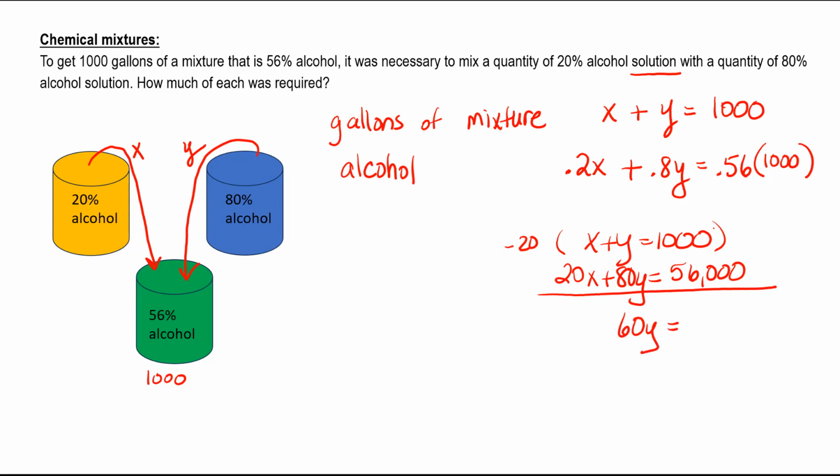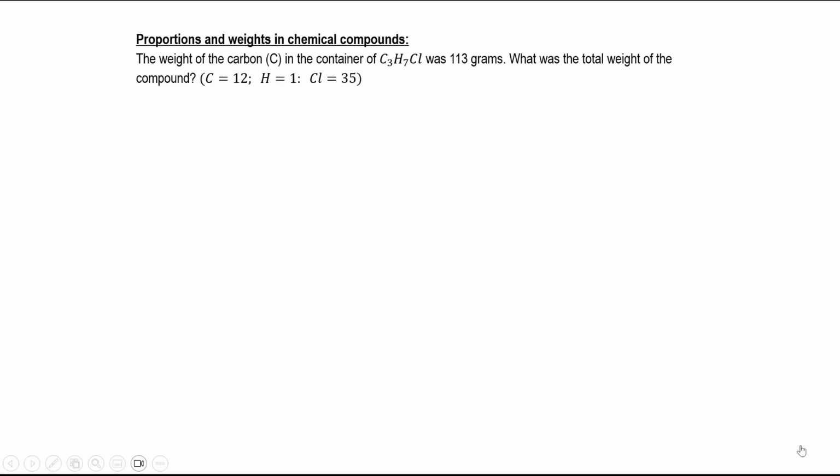And then we'll have negative 20,000 plus 56,000 is 36,000. So y is going to be 600 gallons. So 600 gallons of the 80% solution, and then x is going to be the rest, which is 1,000 minus 600, which is 400 gallons of the 20% solution.